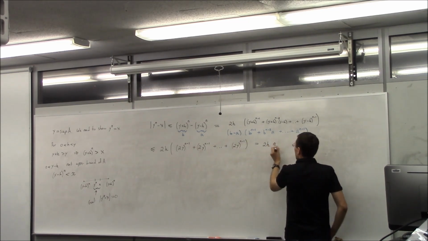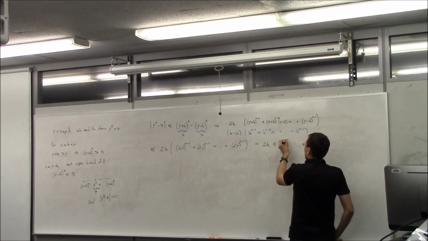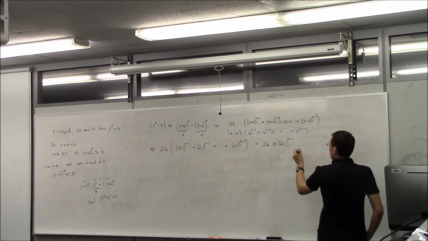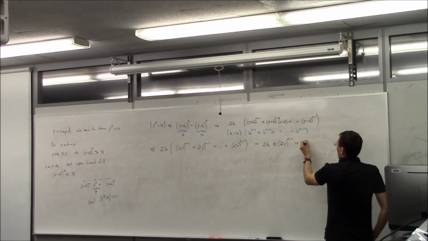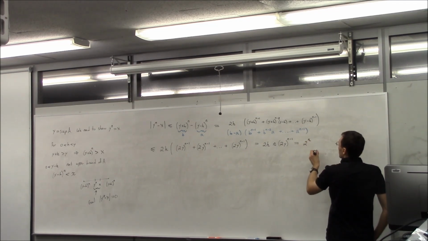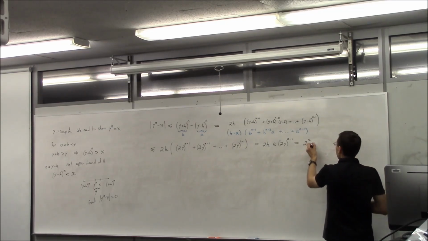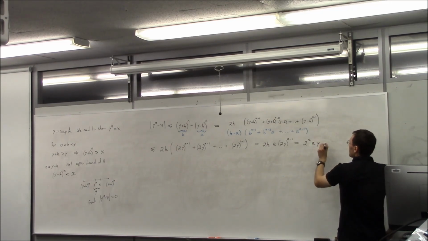So times n times y to the n minus 1 power. And what is this? This is then 2 to the power of n times n times y to the power of n minus 1 times h.